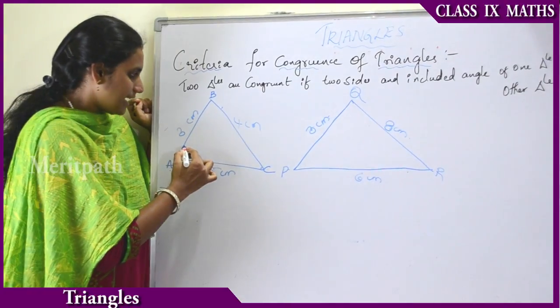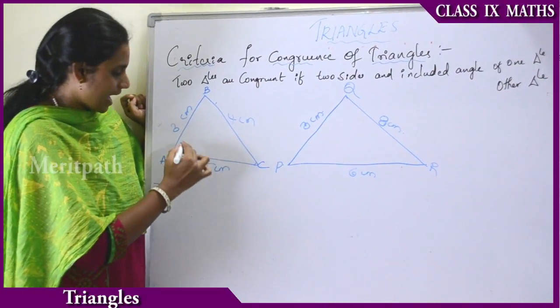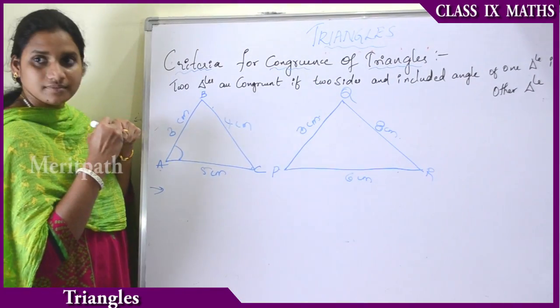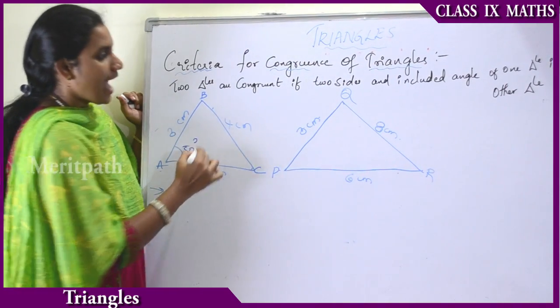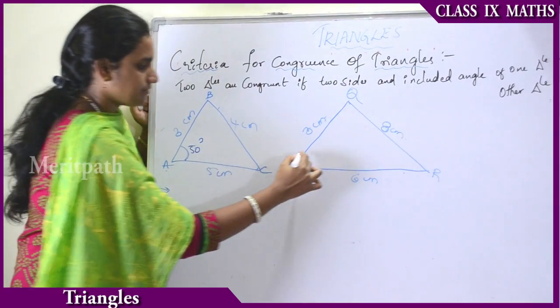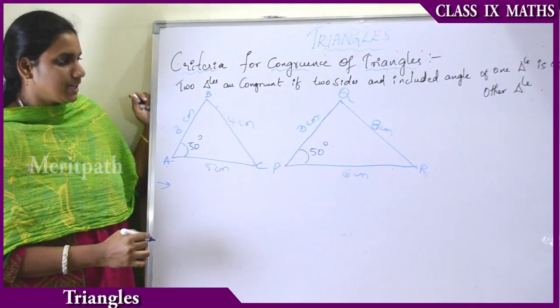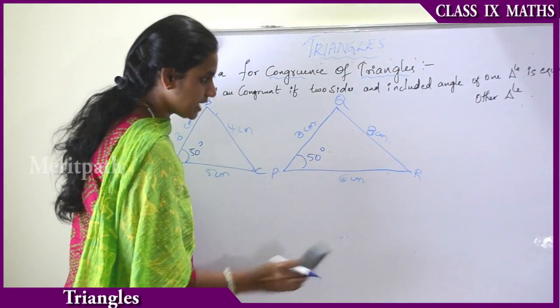That is, let us take angle ABC as 50 degrees and angle QPR as 50 degrees. But we are extending the length.